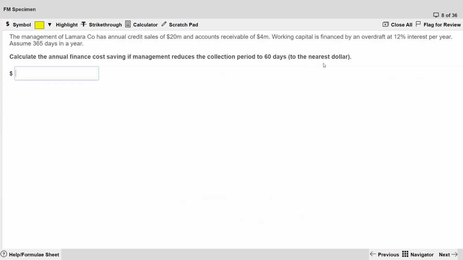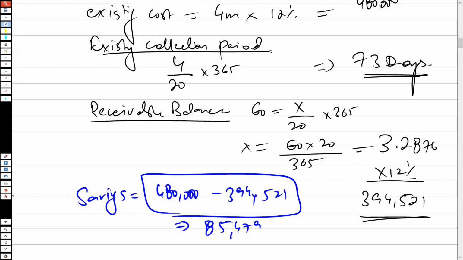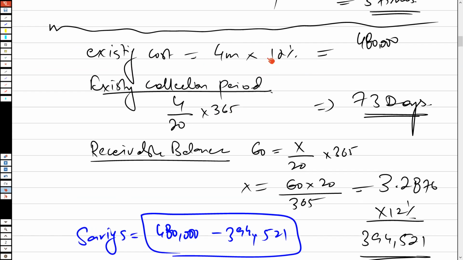It says to the nearest dollar. So that's what you're going to do. The existing cost is 4 million into 12%. If the receivable collection period is reduced to 60 days, then it would become 3.2876 million, and you multiply this by 12%, resultingly you end up getting 394,521.